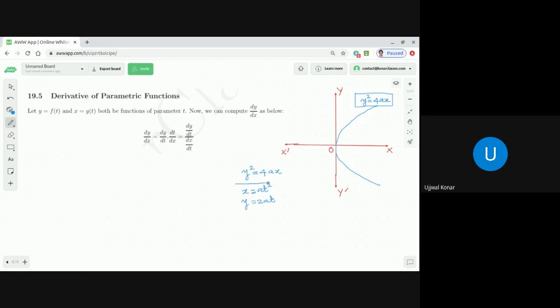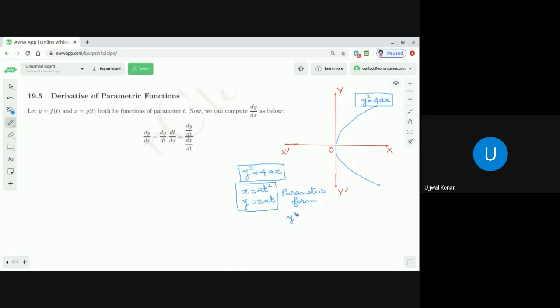If you see this, this is known as the parametric form of the same algebraic equation, y square equal to 4ax. How to verify? You make y square, that is (2at) whole square.